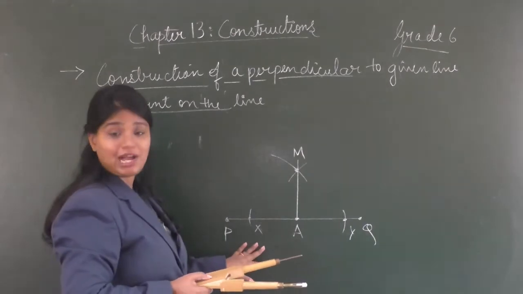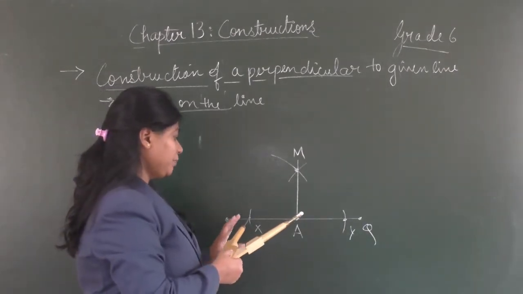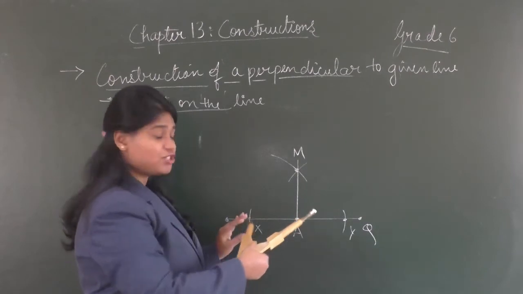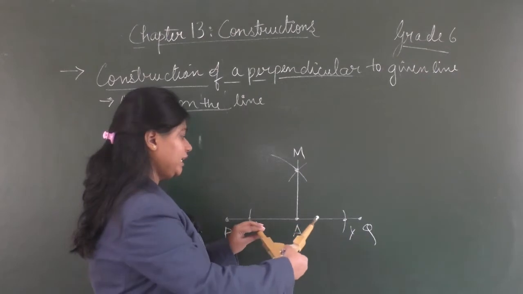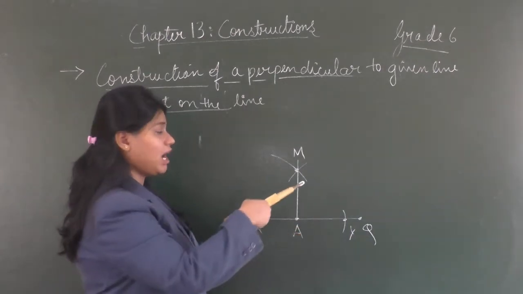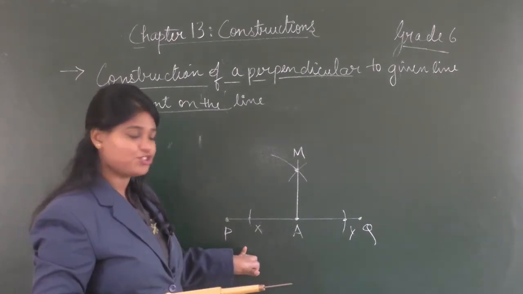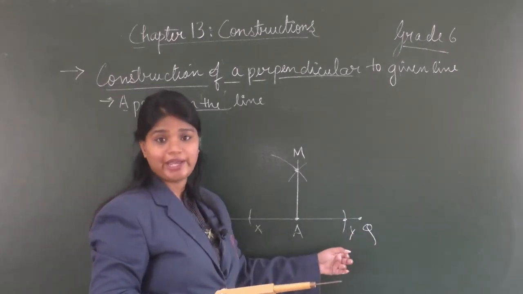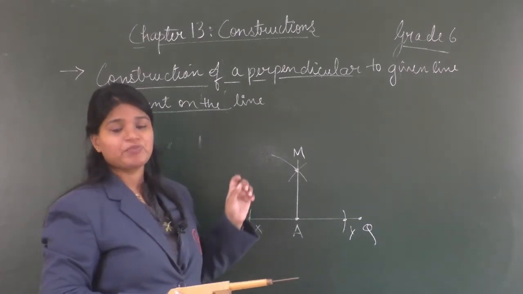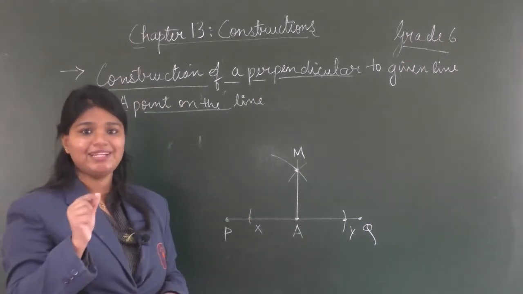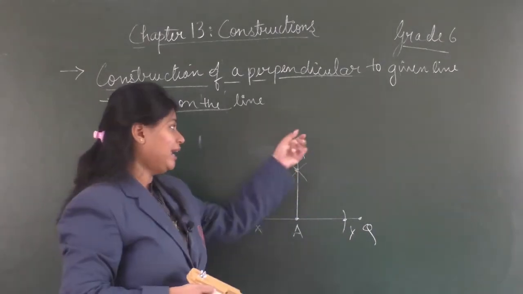Now, after marking those points, you will again place your compass on X and with any radius more than XA, you will mark an arc from point X. You will follow the same procedure and keep your needle on point Y and mark an arc above the previously drawn arc, right? And you will name the intersection point as any alphabet. I have named it as M and then you can join MA.